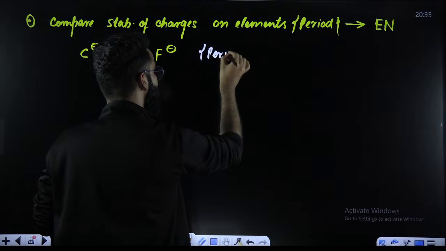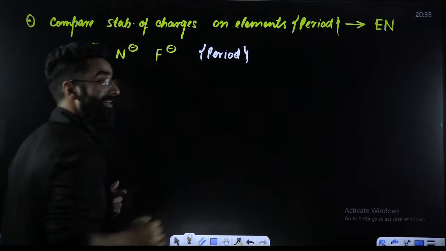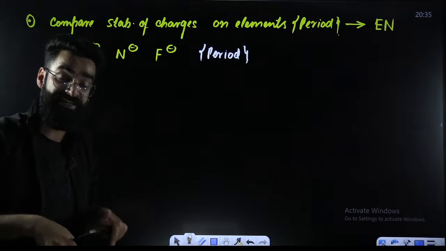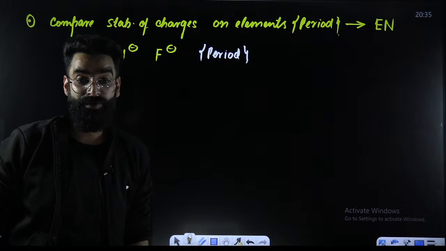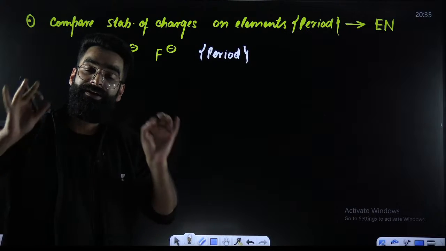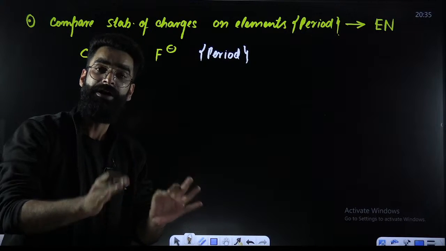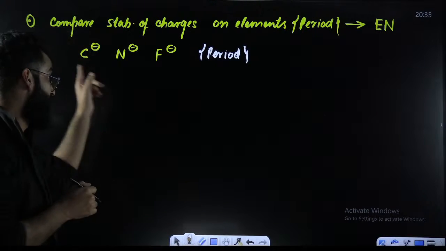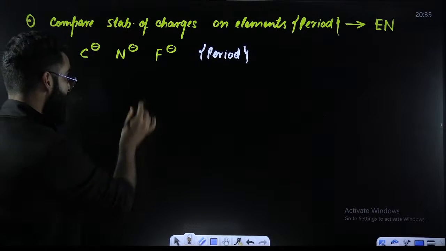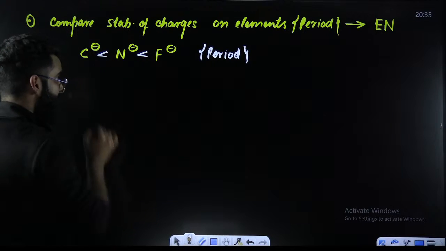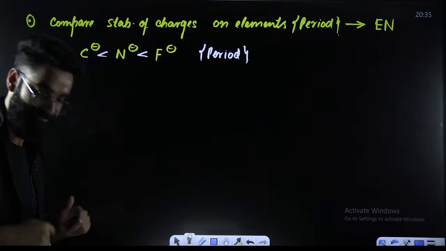And whenever you need to compare the stability of the charges on elements of the same period, you do that on the basis of electronegativity. Negative charge is more stable on the more electronegative element. Chlorine is more electronegative, so negative charge will be more stable here, followed by this.